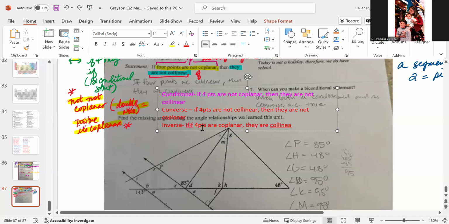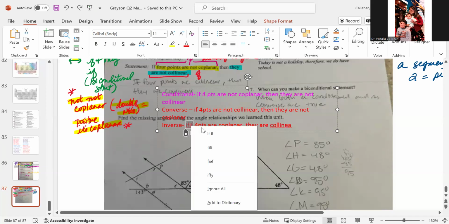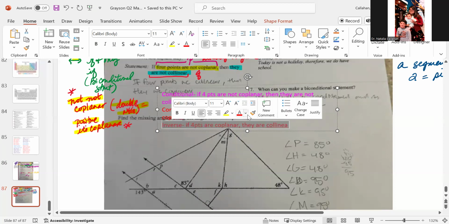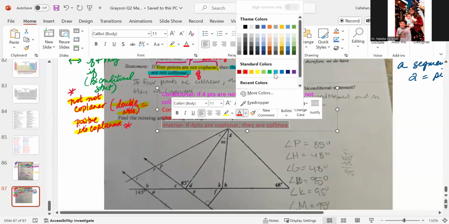Does that make sense? Yeah. Okay. So this is inverse, right? Yeah, let's change it to different colors to see a little bit better.